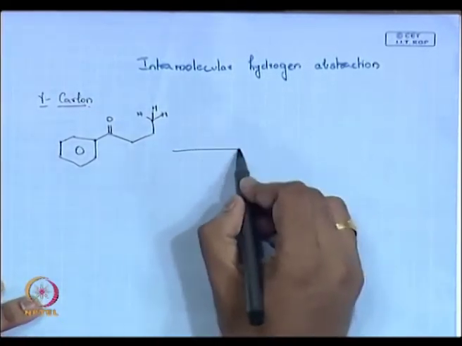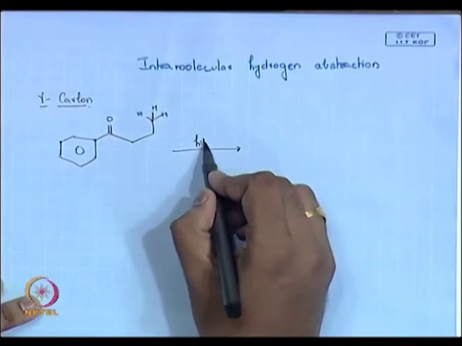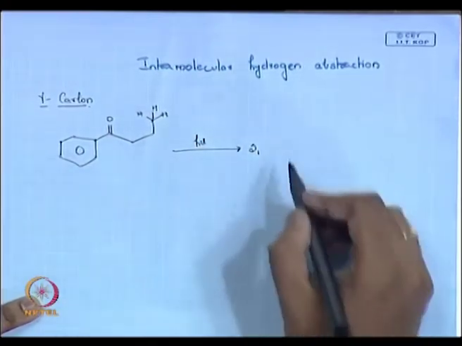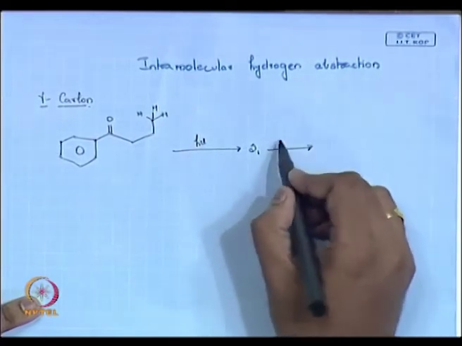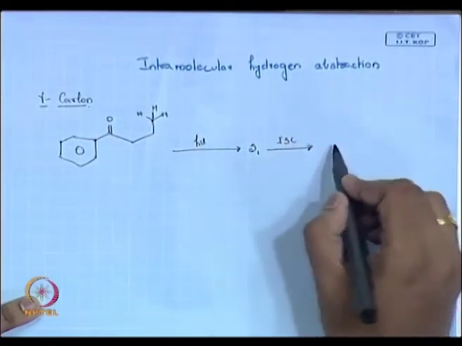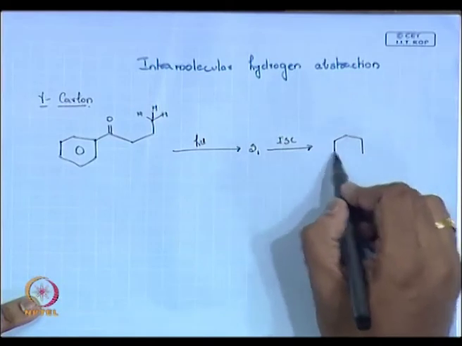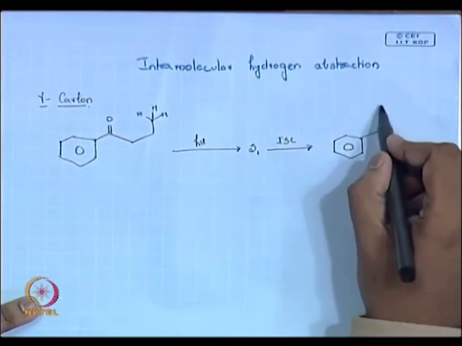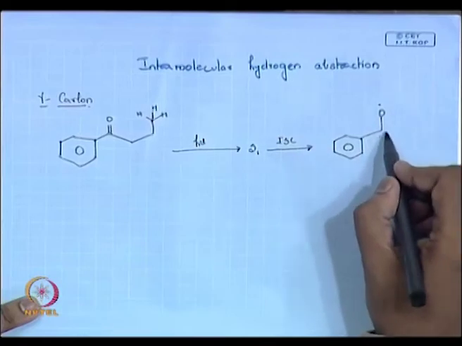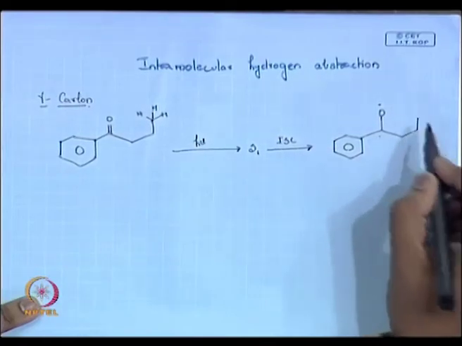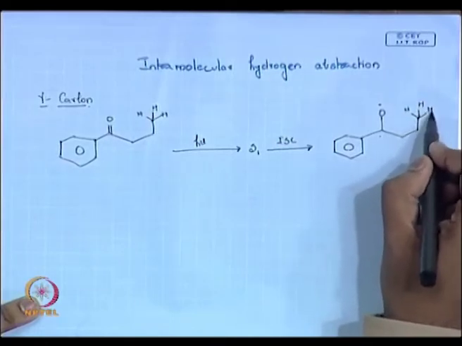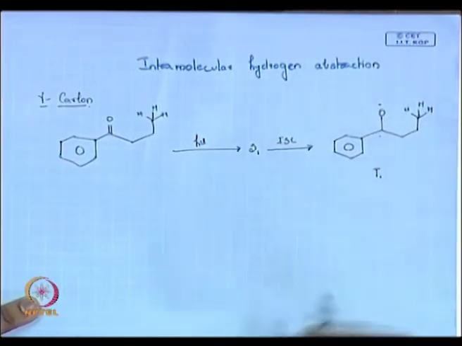Once we photolyzed, we said that it goes to S1, it gets excited to S1, then it undergoes a nice intersystem crossing to give me a triplet. So, we get a triplet excited state.